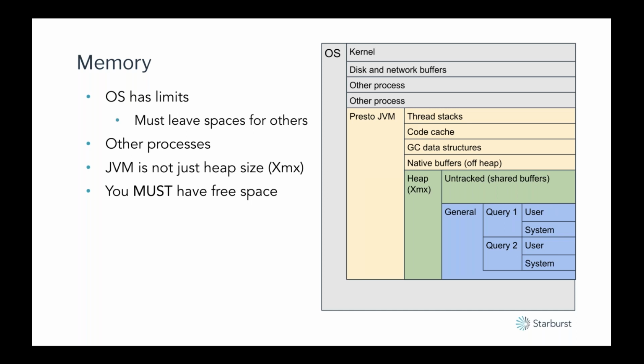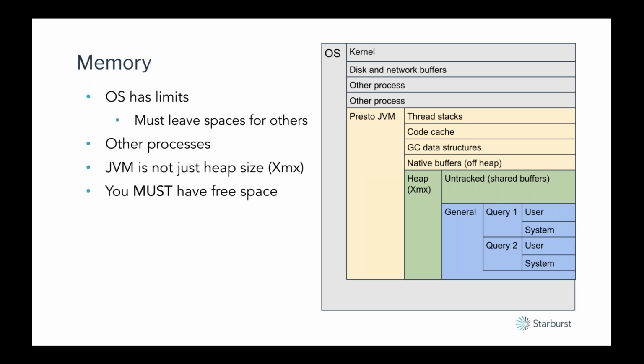The heap is one part of the memory used by the JVM. It is by far the biggest part, but there are all these other things that you have to leave resources available for. Every thread in the JVM is going to have a stack for allocating local resources. Each one of those is, I don't know, a megabyte or something. I don't actually know, you have to look it up.